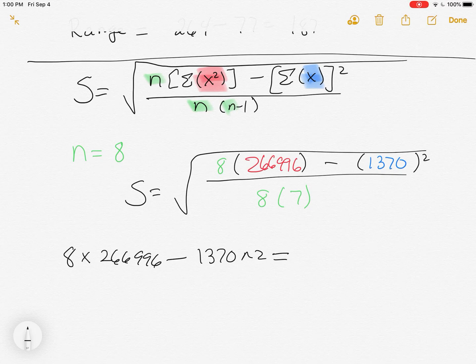And so let's do that together. If you plug that in right now like I'm going to do, 8 times 266,996 minus 1370 squared equals, you should be looking at the number 259068.